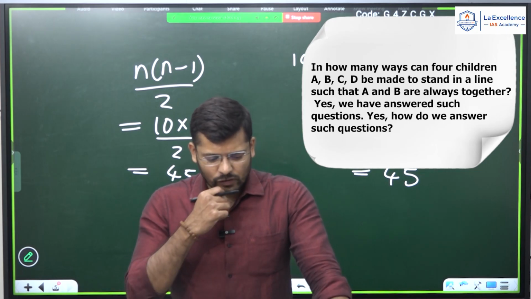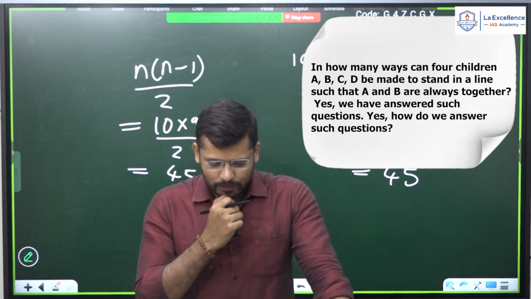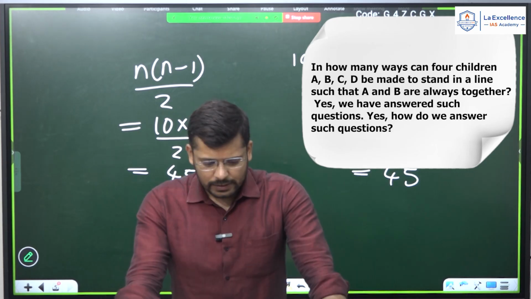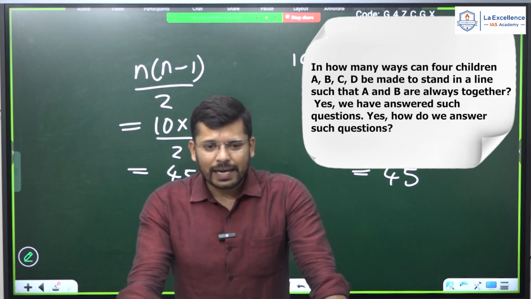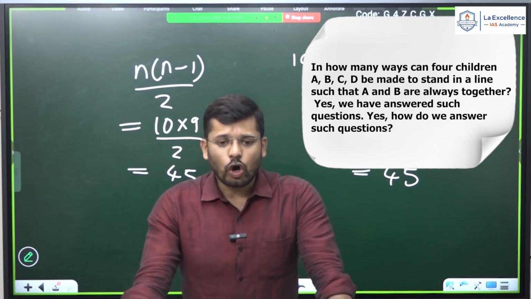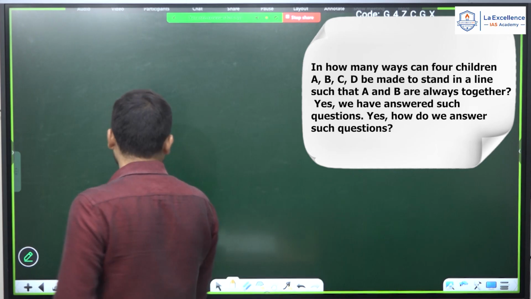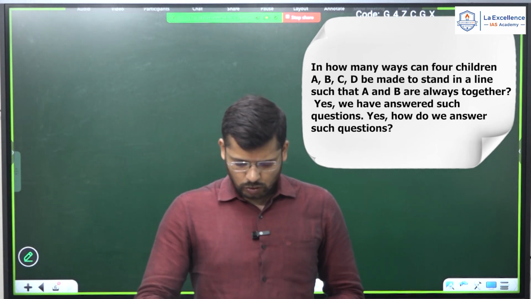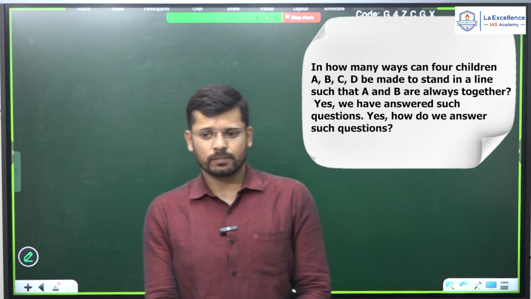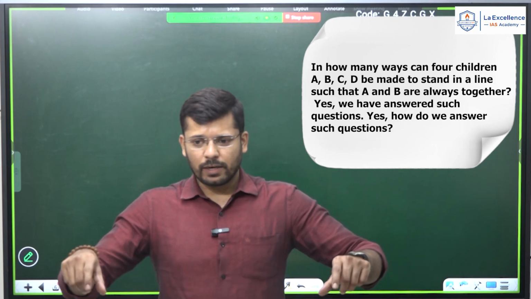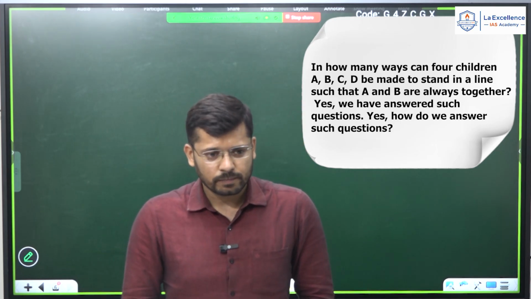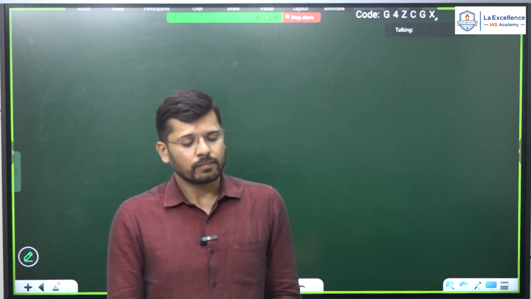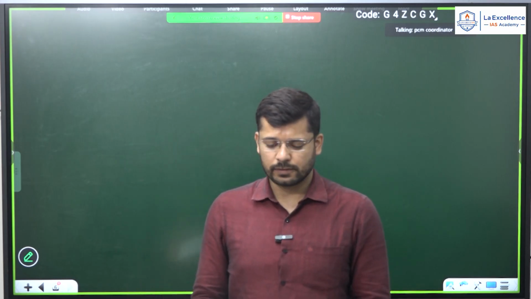In how many ways can 4 children A, B, C, D be made to stand in a line such that A and B are always together? We have answered such questions.